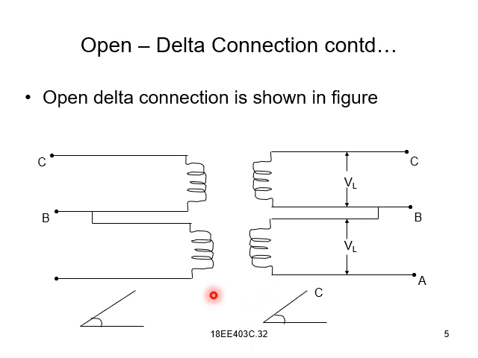Okay. So this A, B, C kind of connections. The terminals are mentioned in this way.